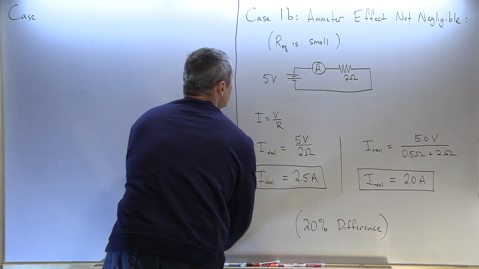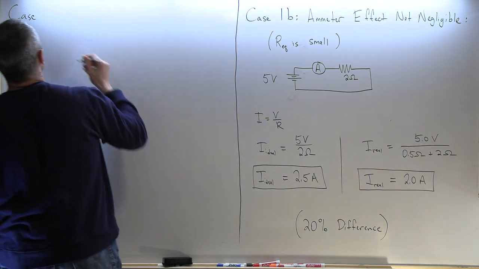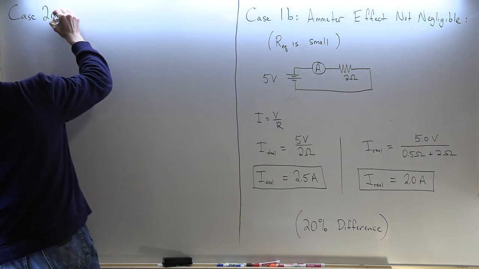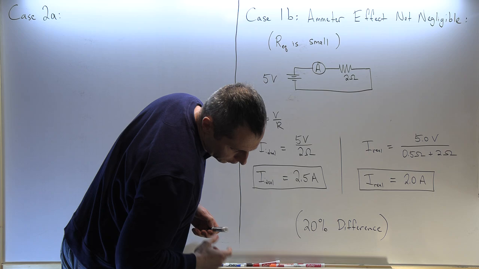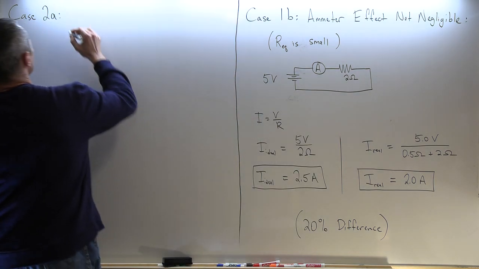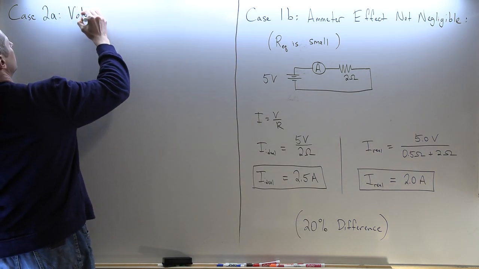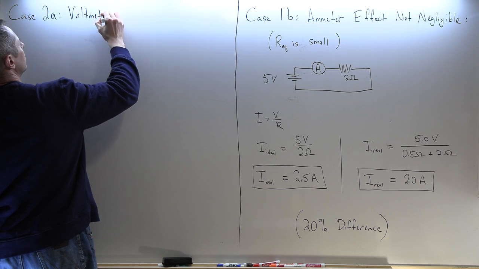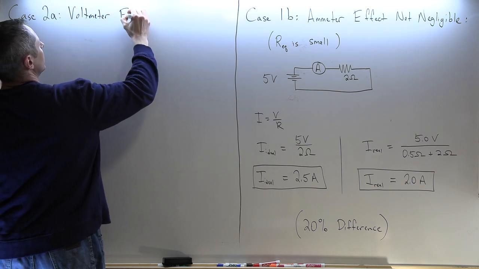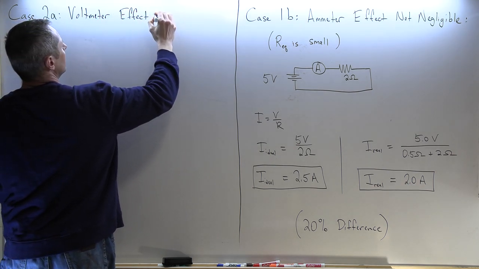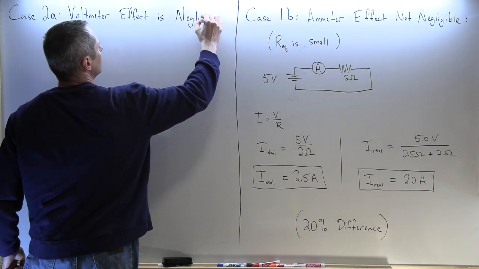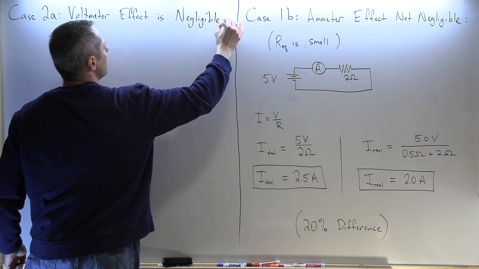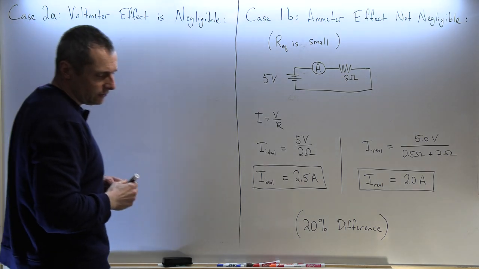So we move on to case 2A, which will be voltmeter effect is negligible. When is that the case?